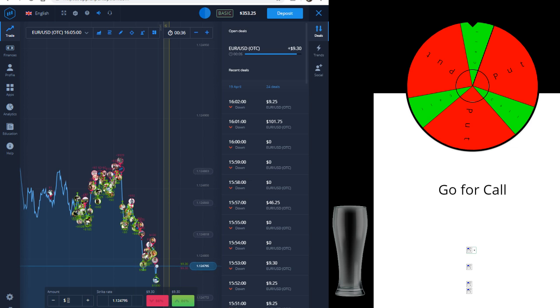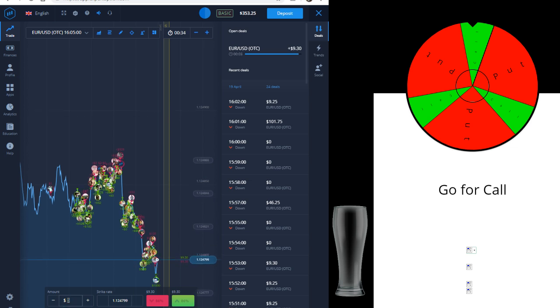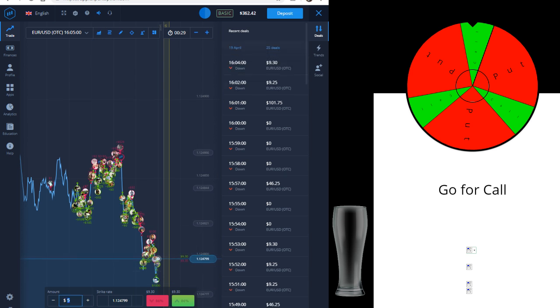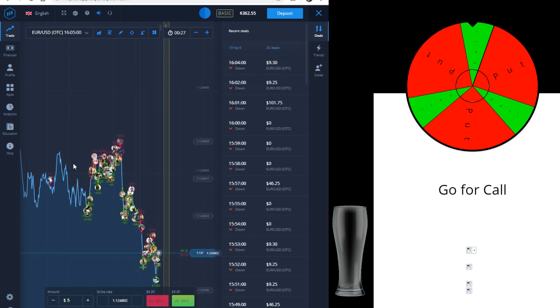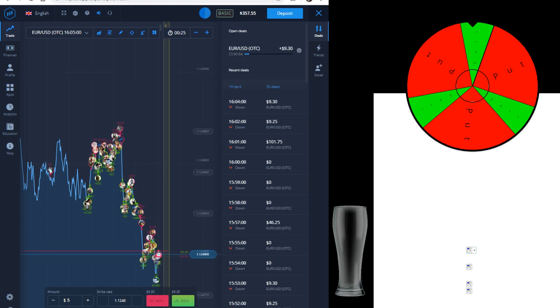Yeah, see, I was going to change that to 12, and that would have been a mistake. So that means I just have to take another downward trade and keep going.